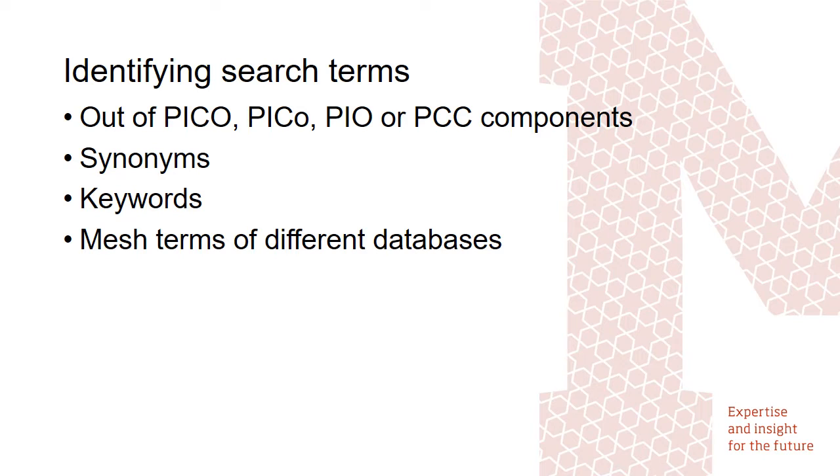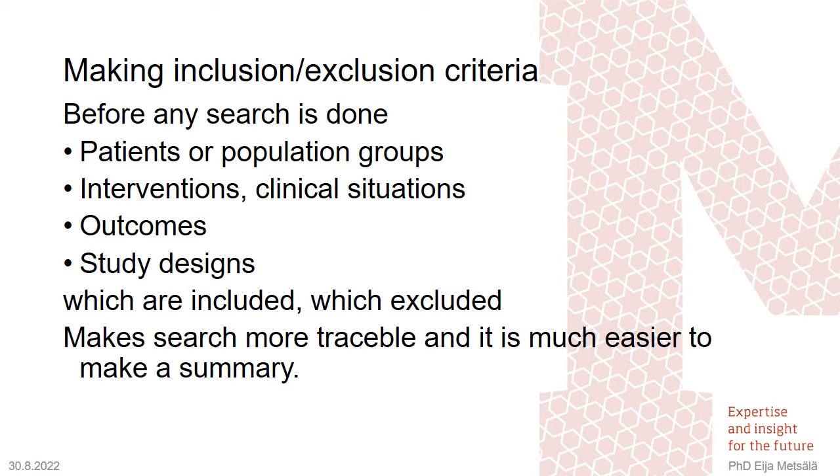I recommend that you use the services of your library staff and ask them to search for so-called MeSH terms, which are used in many databases, respective to the components of your PICO or PO or whatever acronym you may use in defining your search question.